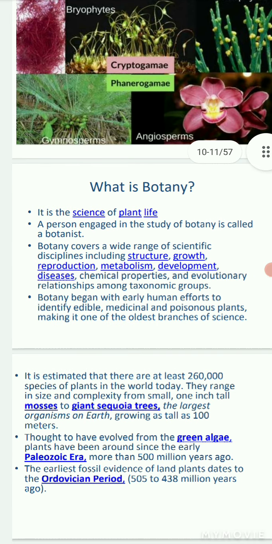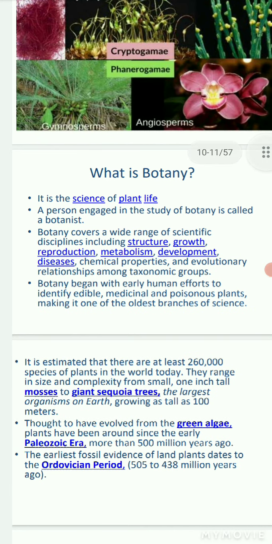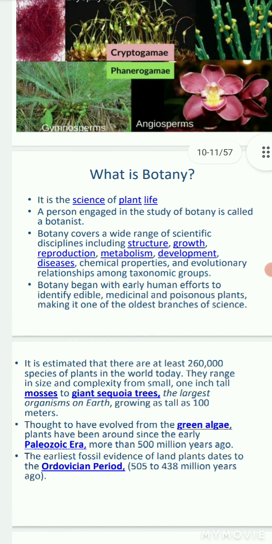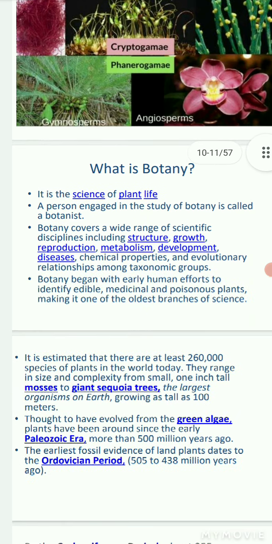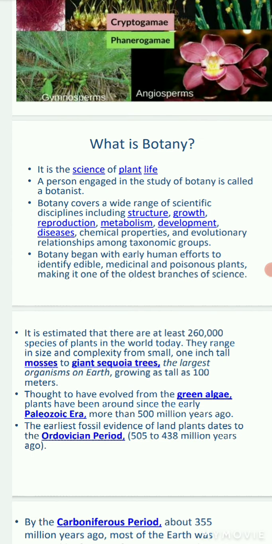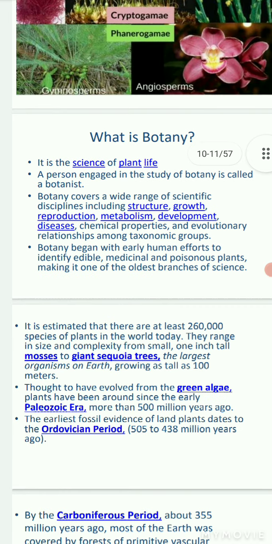This botany covers a wide range of systematic disciplines including structure, growth, reproduction, metabolism, development, various diseases, chemical properties, and evolutionary relationship among various taxa or taxonomic groups. Then, botany begins with early human efforts to identify edible, medicinal, and poisonous plants, which makes it one of the oldest branches of science. So this is some introductory part.